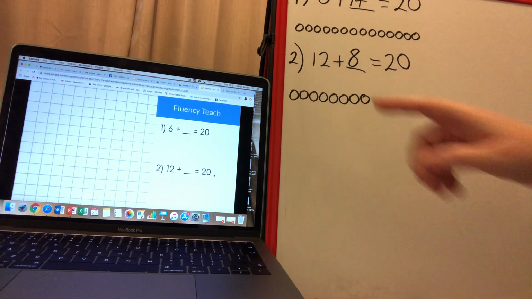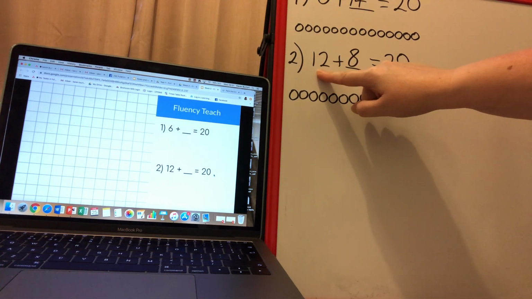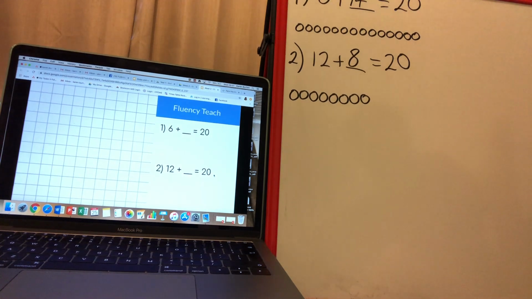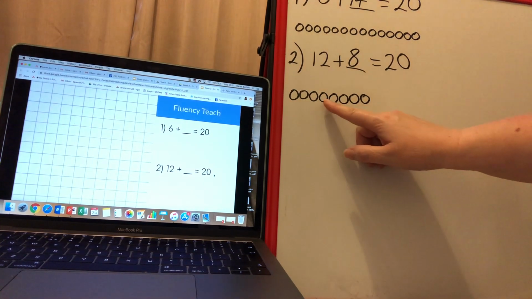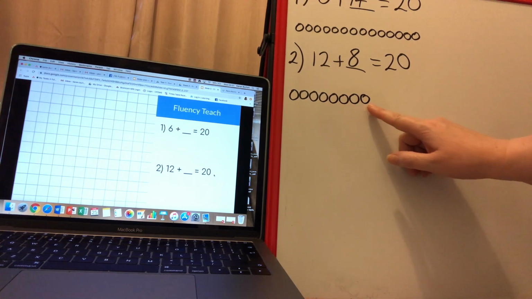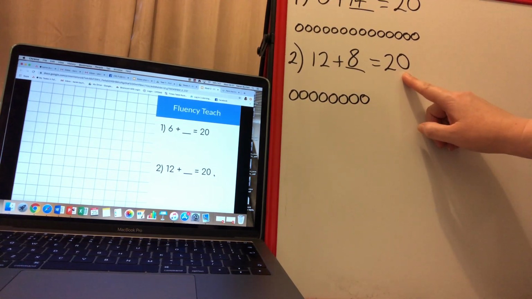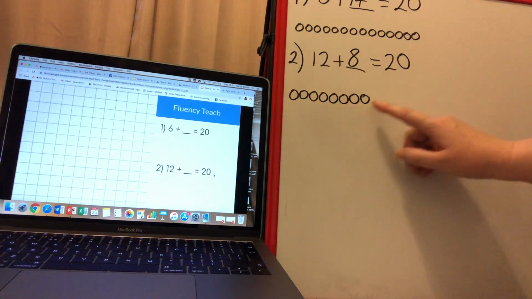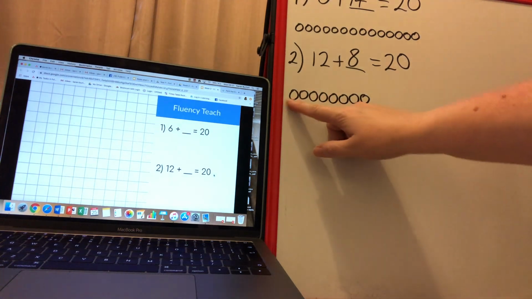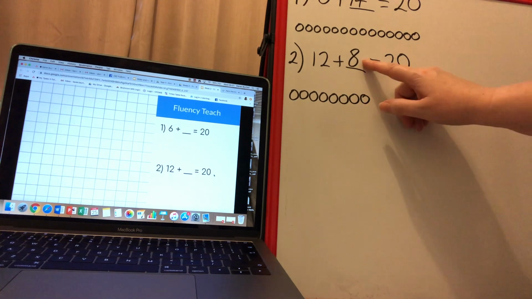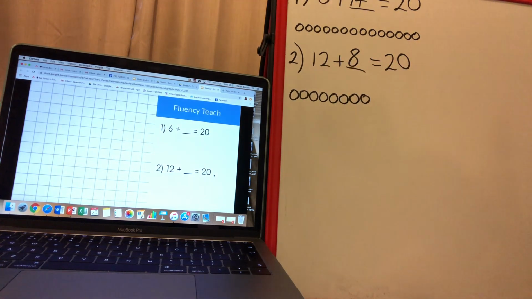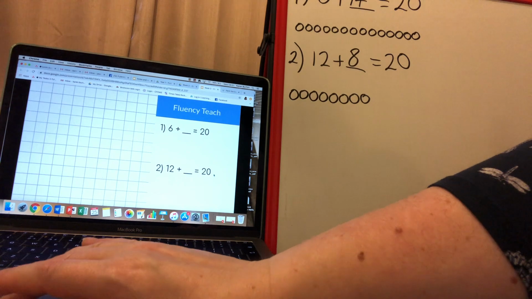Okay, so what I did was I put 12 in my head and then I counted on drawing a bead for each one I said. So 12, 13, 14, 15, 16, 17, 18, 19, 20. I stopped when I got to 20. Then I went back and counted how many beads I'd drawn. 1, 2, 3, 4, 5, 6, 7, 8. That's the missing number. 12 add 8 makes 20.